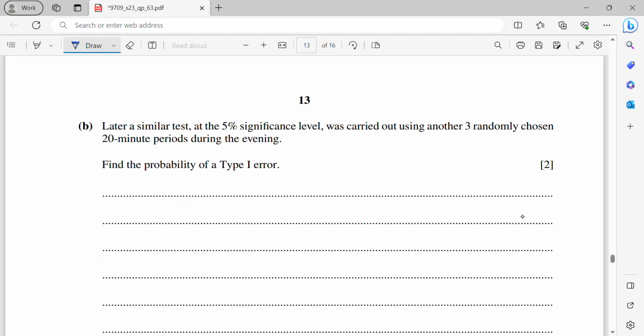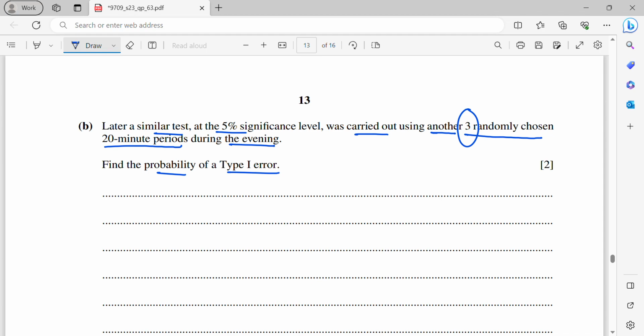Now part B. Later a similar test at 5% significance level, same alpha value, was carried out during another 3 randomly chosen 20-minute periods during the evening. So the lambda remains at 3.03, because again it is 3 20-minute periods. Now you need to count the probability of a type 1 error.